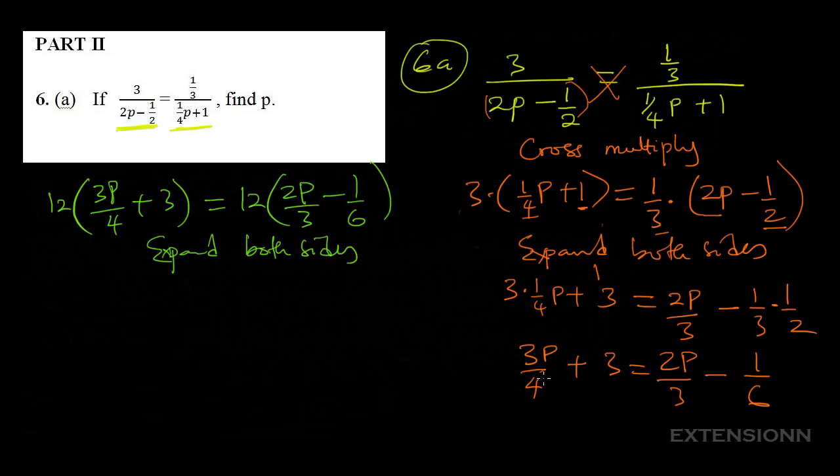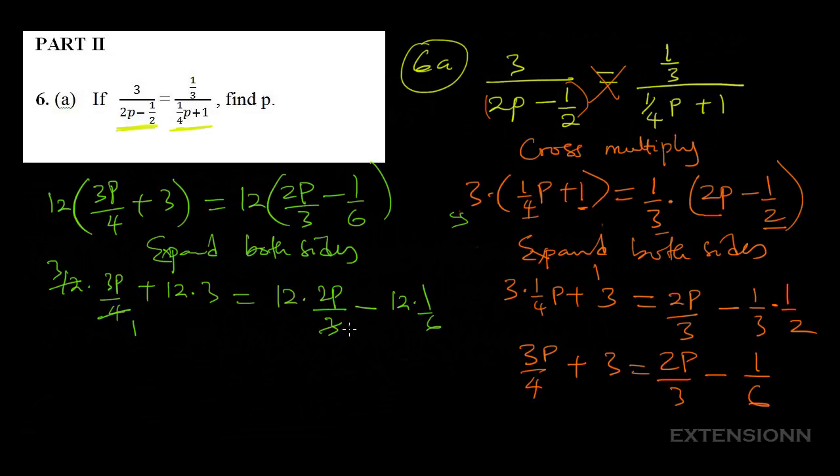What we did is we got the LCM, which is 12, then we multiply both sides by the LCM. So what you now have is 12 times 3p all over 4 plus 12 times 3 equals 12 times 2p all over 3 minus 12 times 1 over 6. And I know you agree with this from the example we did here. So 4 here 1, 4 here 3, 3 here 1, 3 here 4, 6 here 1, 6 here 2.